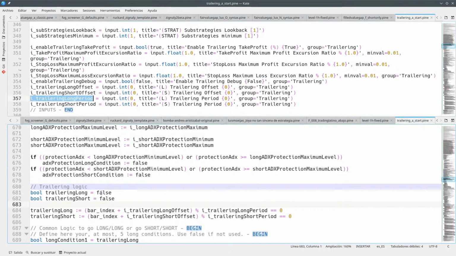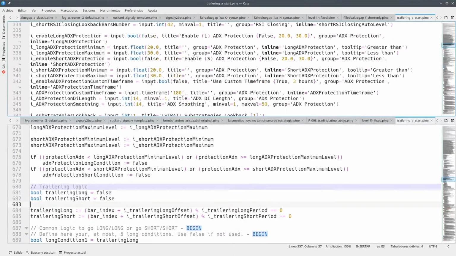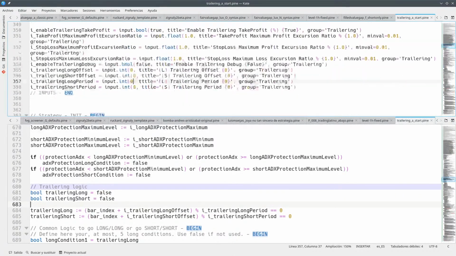By default, if you check this, everything is 0. Oh wait a minute, the periods should be greater than 1, if you ask me. So the min value must be 1, otherwise this does not make sense. So min value should be 2.